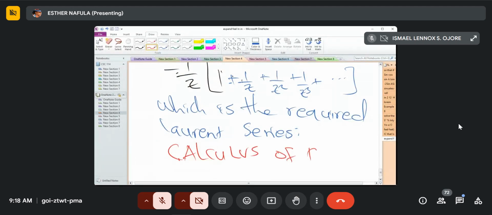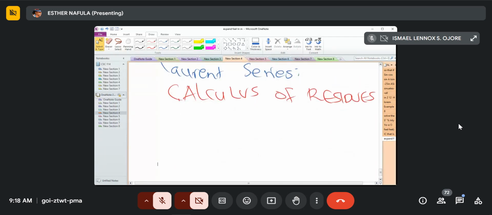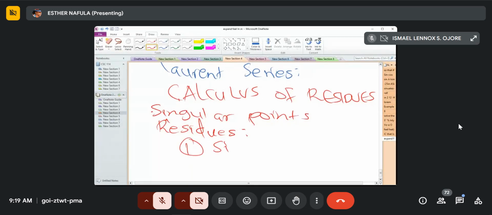Look at calculus of residues. You need to find singular points. We'll define residues, but we start with singular points.